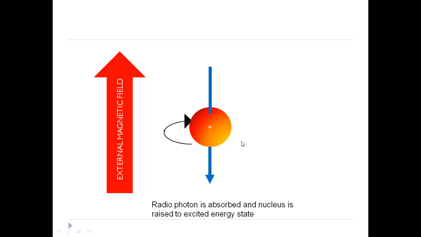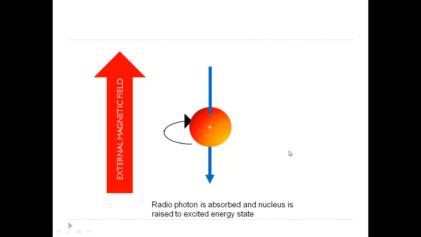That raises the nucleus to the excited energy state, where it has an increased magnetic energy that exactly corresponds to the photon that we just fired at it.